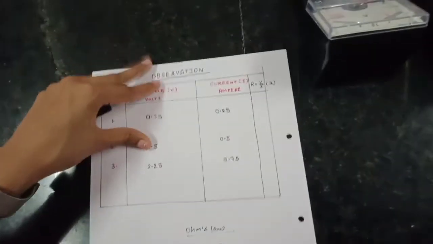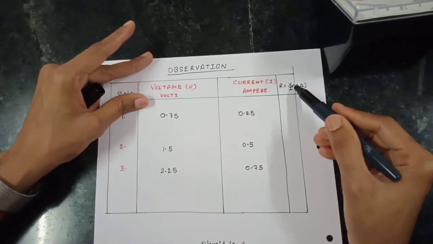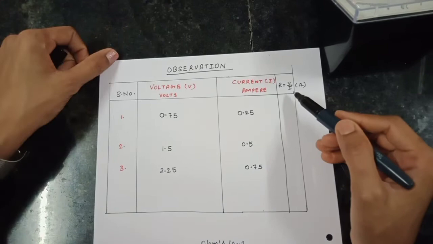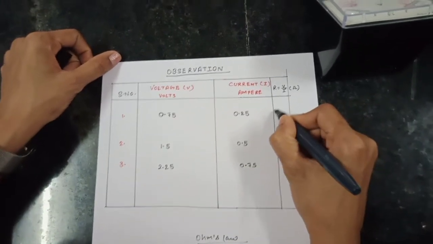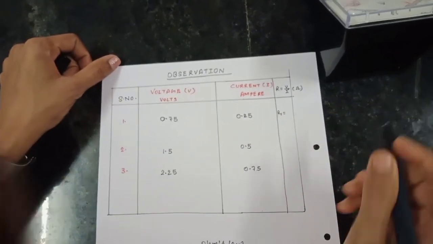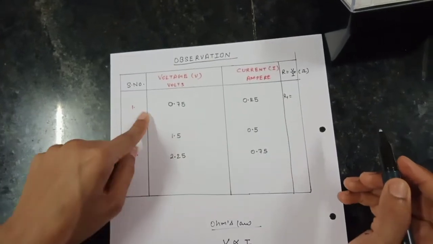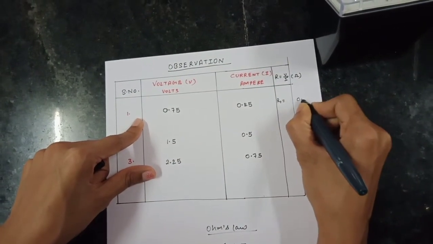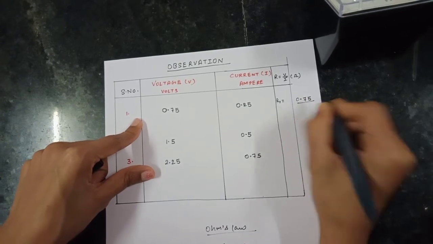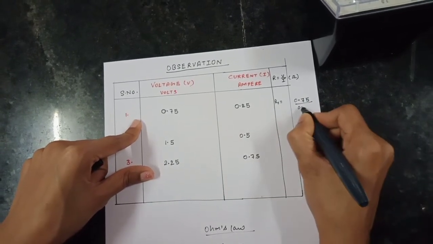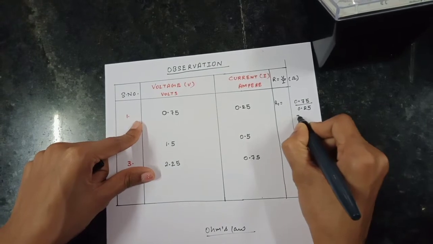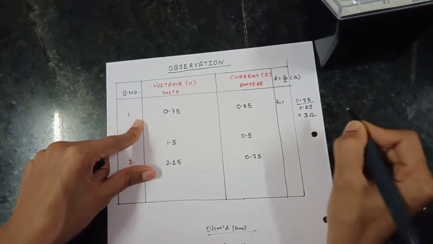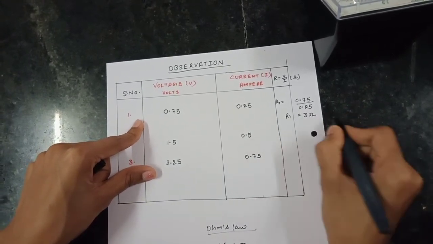Here we will do the same, the ratio of potential difference and current. Let us take R1, the resistance for the first reading. Our V is 0.75 and I is 0.25, so 0.75 upon 0.25 is 3 ohm. So R1 is 3 ohm.